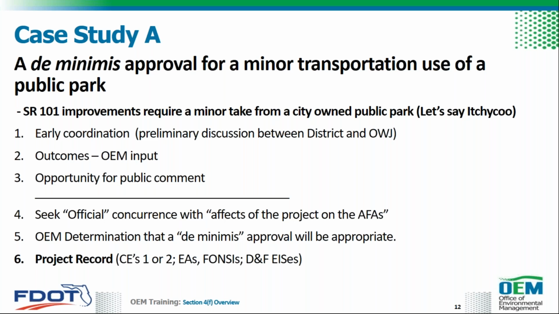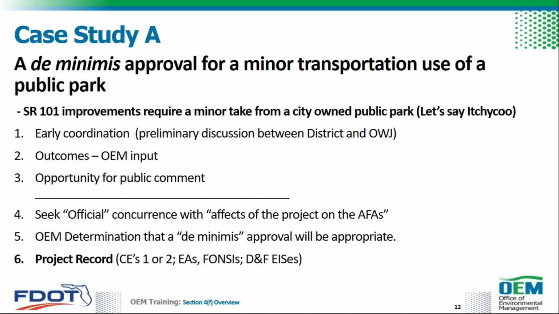So once the opportunity for public comment has occurred, that's when we seek the official's concurrence with the no adverse effect of the project on the activities, features, and attributes of the property. We provide the official with jurisdiction the de minimis approval, and then we seek their concurrence.